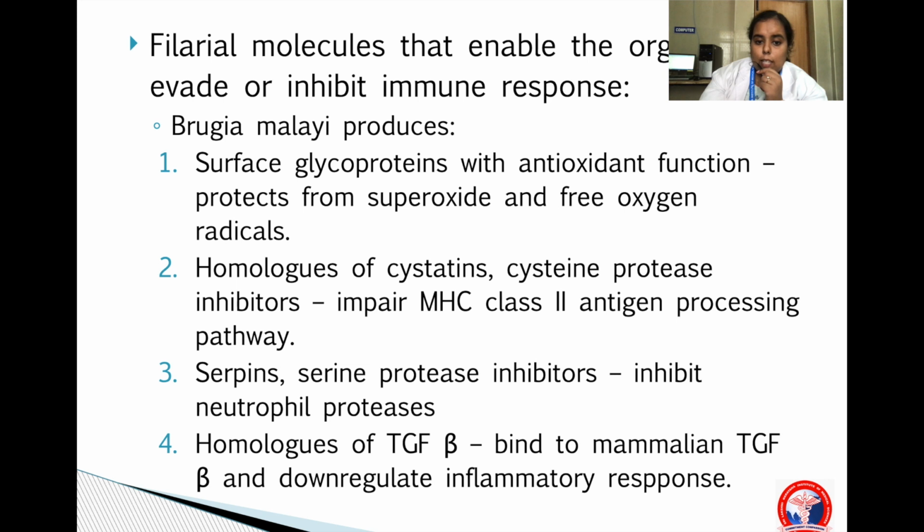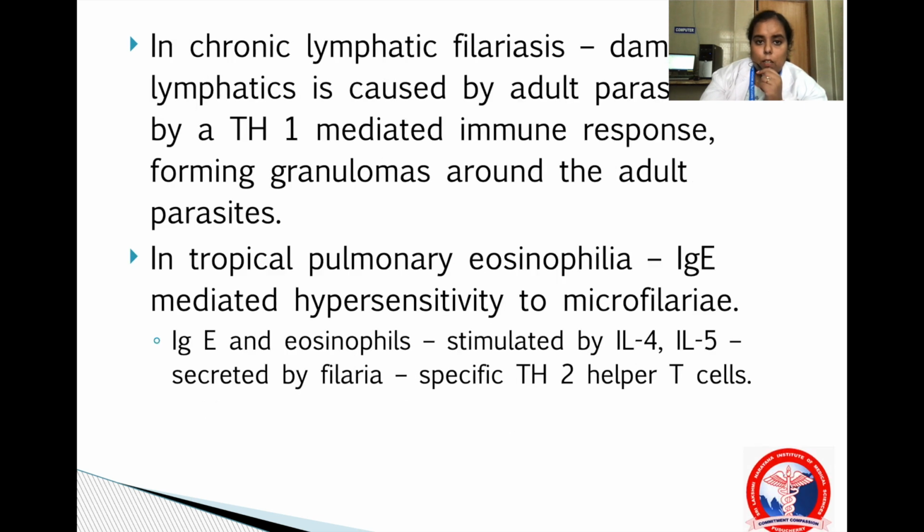Serpins or serine protease inhibitors inhibit the neutrophil proteases. Then homologs of transforming growth factor beta bind to mammalian TGF beta and downregulate the inflammatory process. So these are the virulence factors.